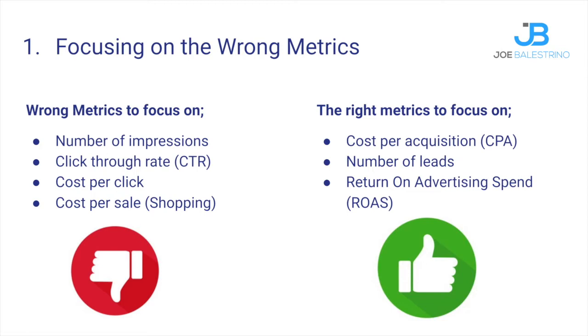How much are you paying per acquisition? How many leads are you getting? And what's your return on advertising spend? The difference between the two: are click-through rate and impression metrics things you should look at? Absolutely. But if you're judging the success of your account based on these metrics, these are the wrong metrics to focus on. Because we don't really care at the end of the day what the click-through rate is, because if the click-through rate is great and you're not converting, then a high click-through rate doesn't mean anything.